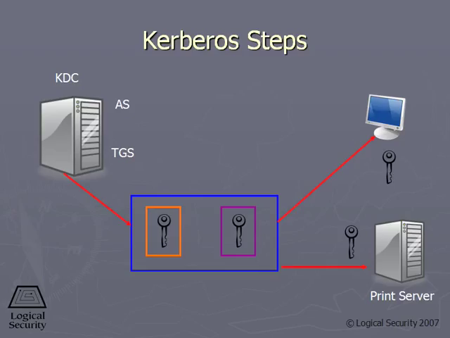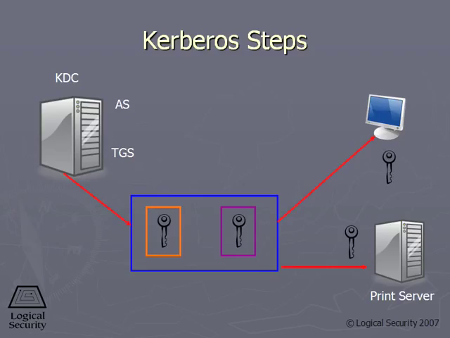All the principals trust the KDC. So when I send a ticket over to the KDC and say, hey, I need to talk to the print server, the KDC is going to make a ticket in which one of the keys is encrypted with the print server's secret key.